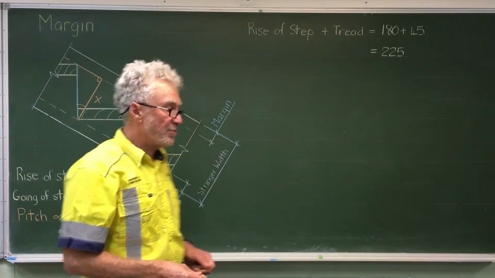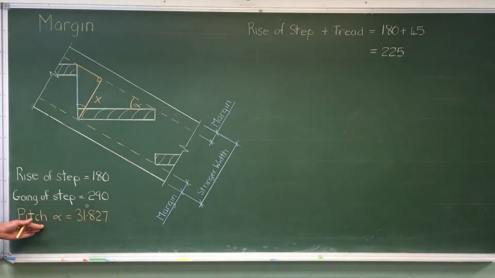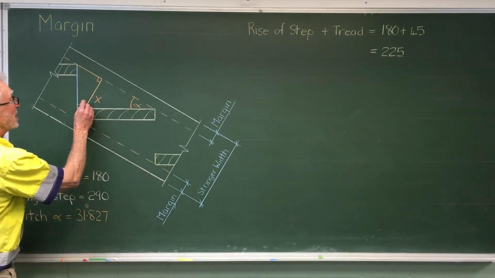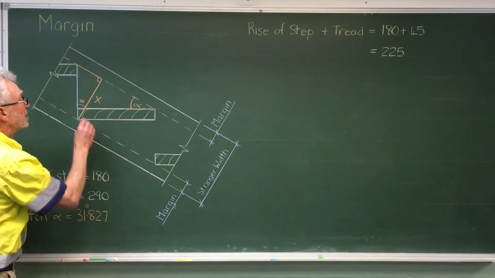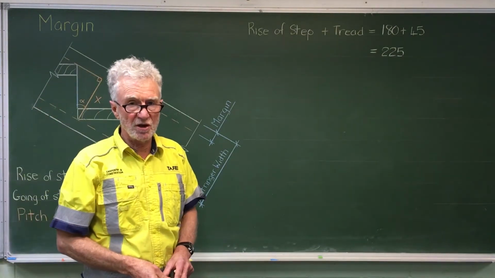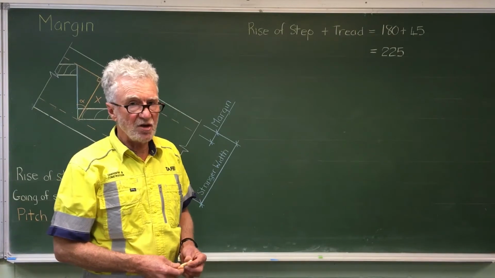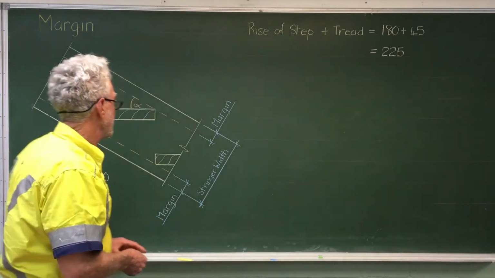We calculated that previously as the pitch of the stairs, 31.827 degrees. So that means this is also angle alpha because they are similar triangles. So now we've got enough information to calculate distance x.